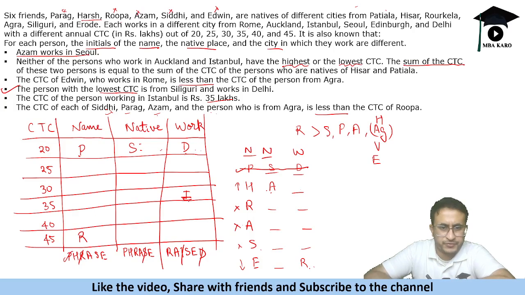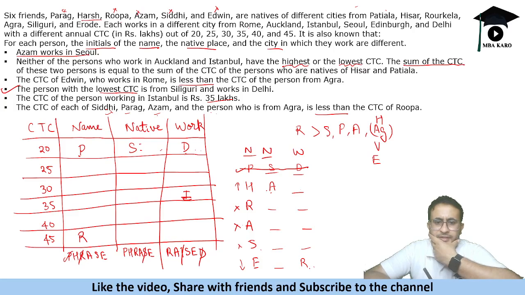Okay, someone has to be from Istanbul. Okay, that is also one of these four people. Rupa cannot be from Istanbul, and one person has to be from. Edwin is less than from Agra, so this is.